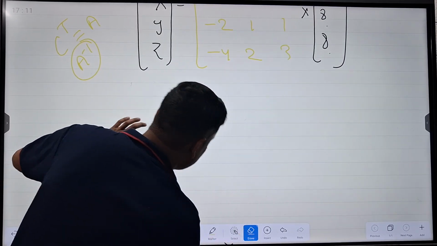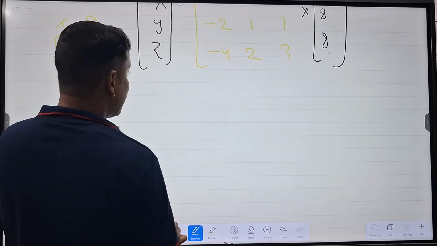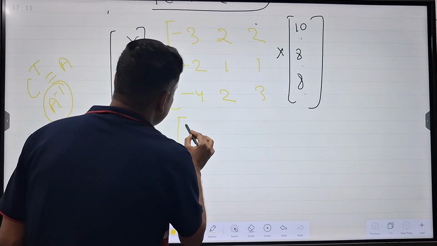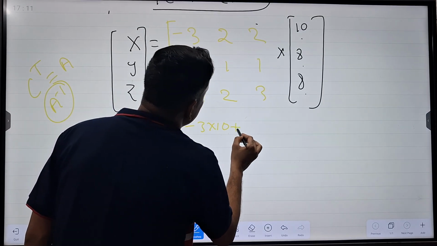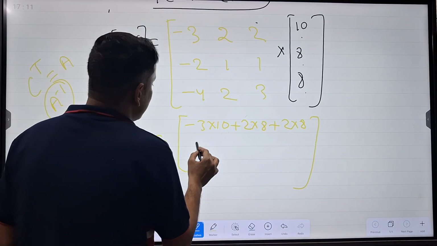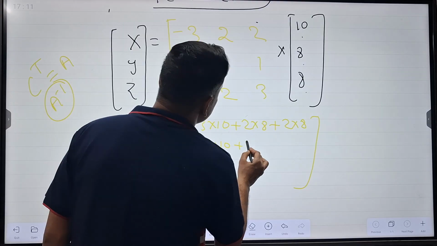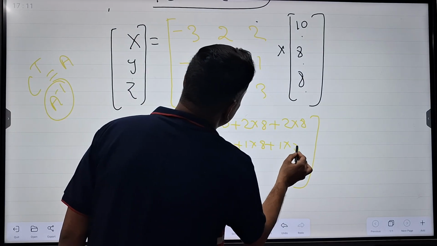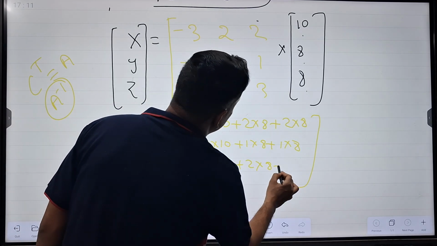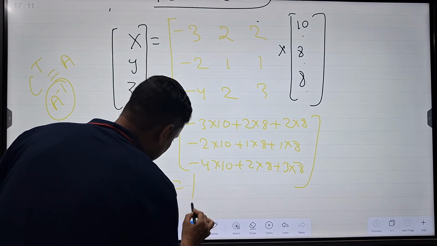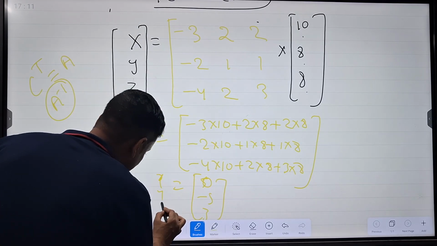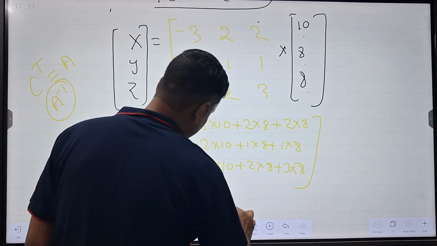You will get minus 3 into 10 plus 2 into 8 plus 2 into 8, minus 2 into 10 plus 1 into 8 plus 1 into 8, and minus 4 into 10 plus 2 into 8 plus 3 into 8, and you will get 0, minus 5 and 3. So x is 0, y is minus 5 and z is 3.